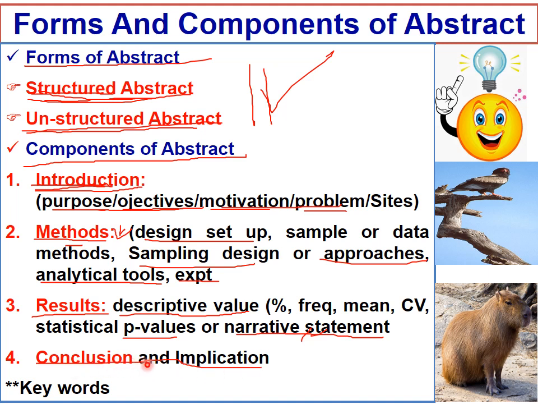What are your general conclusions regarding your study, and what does it imply to reality in a particular real-life situation? So I have condensed these components or elements of this informative abstract into 4 categories. They might be 5 or 6 depending on the interest of a particular institution or journal, because some journals may separate the purpose, objective, and so on, into other subsections.